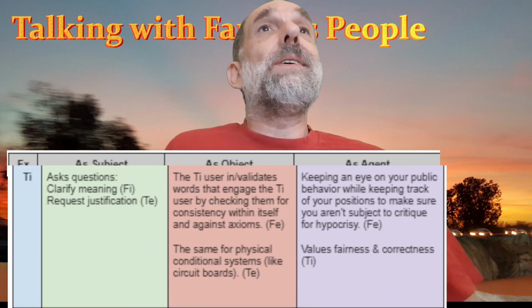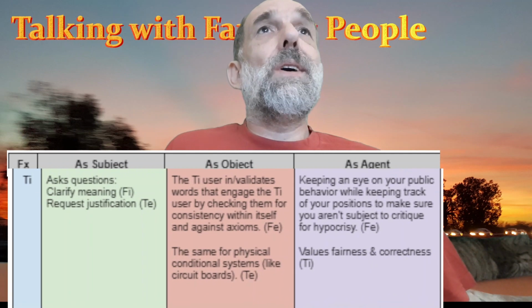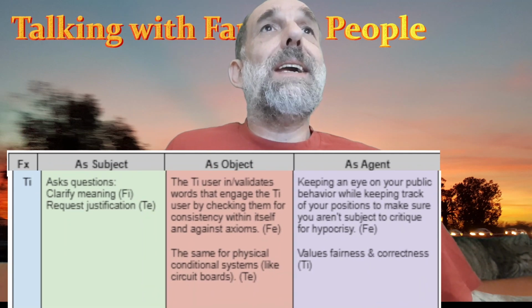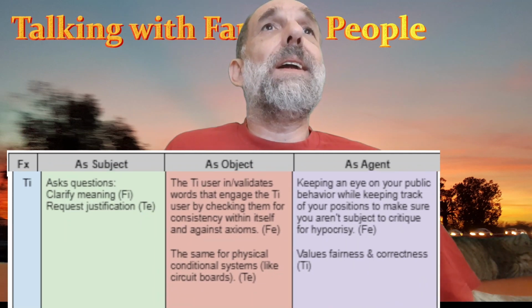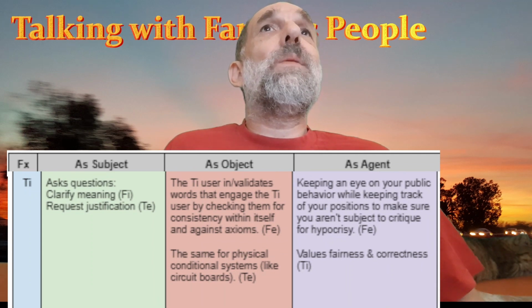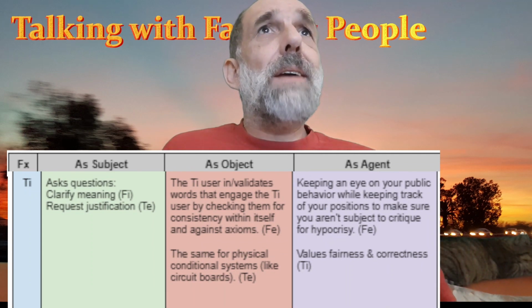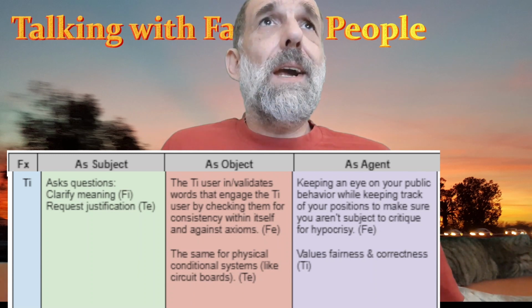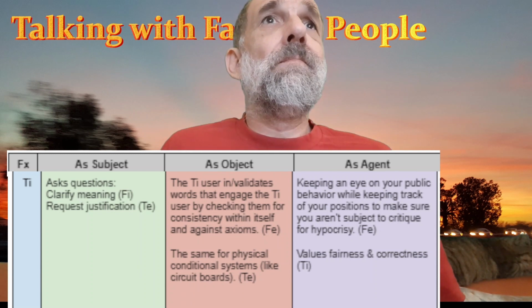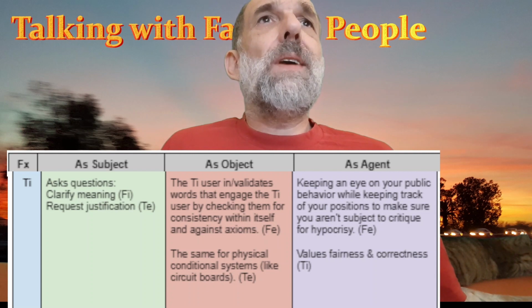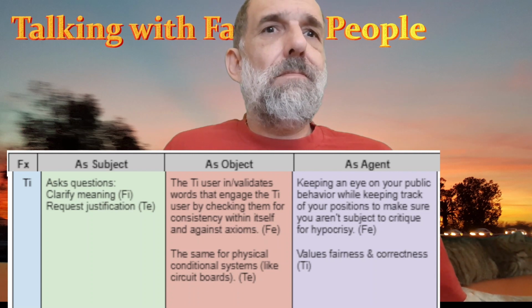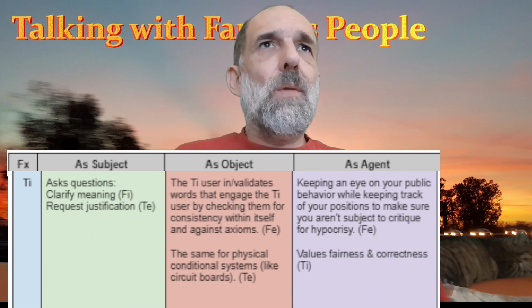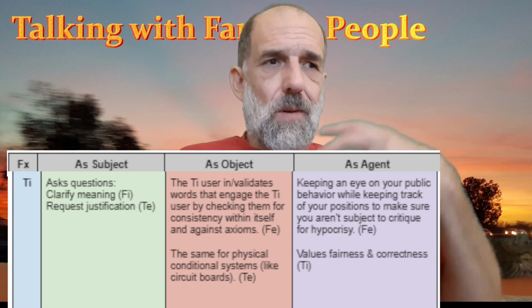The TI user validates words that engage the TI user by checking them for consistency within itself and against axioms. So if you're working as an object, you've encountered words, and you are the object of those words, and you are checking to see how you should respond, or whether you should incorporate them as true or dismiss them.